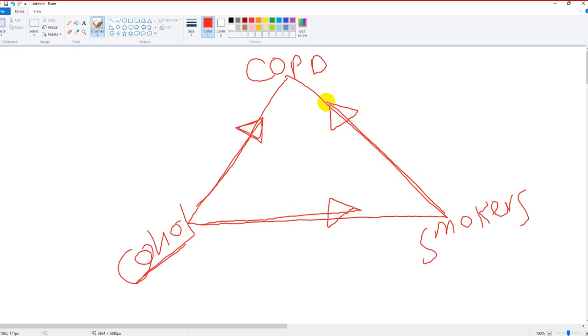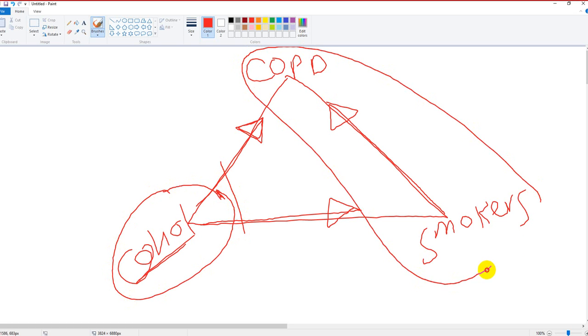So what is the confounder here? Alcohol. Alcohol is the one that confounded, because once we remove it, the truth appears: smoking causes COPD. That's confounding.